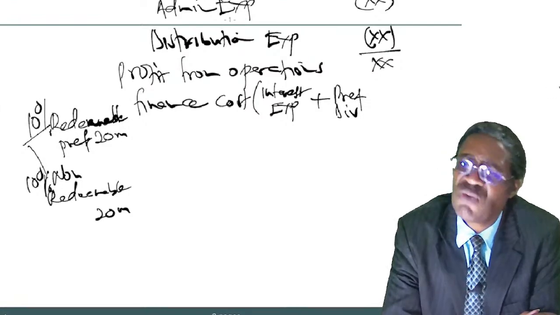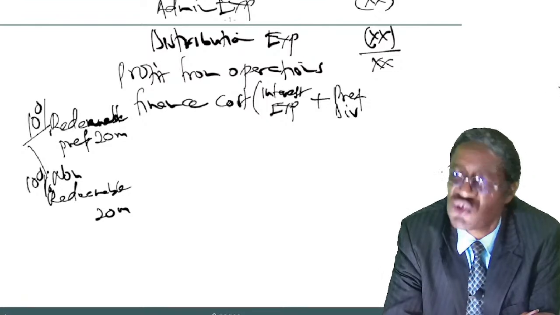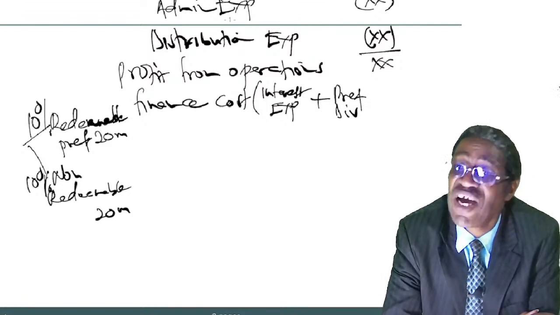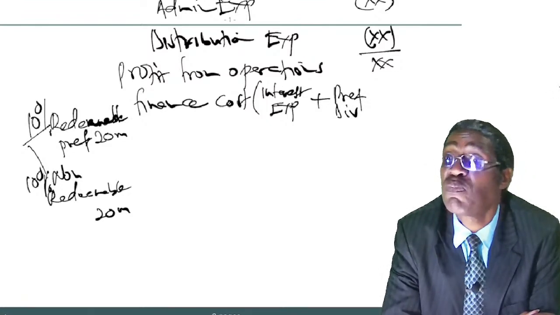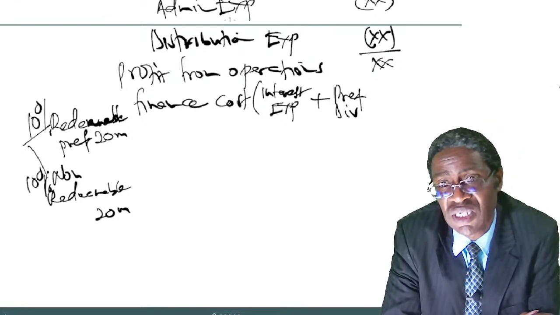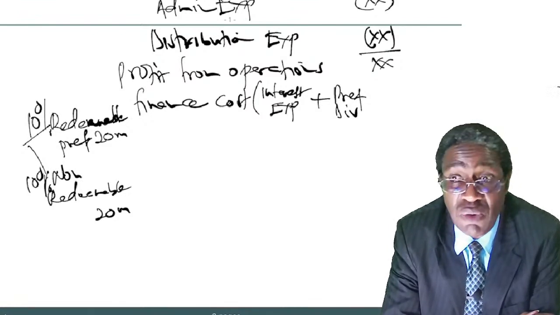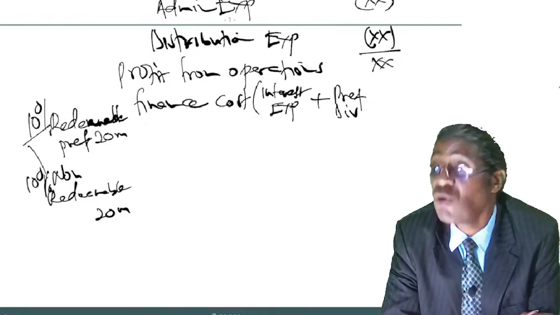But which of the two will you consider as a finance cost, not an appropriation of profit? Is it the dividend on redeemable or the dividends on non-redeemable?